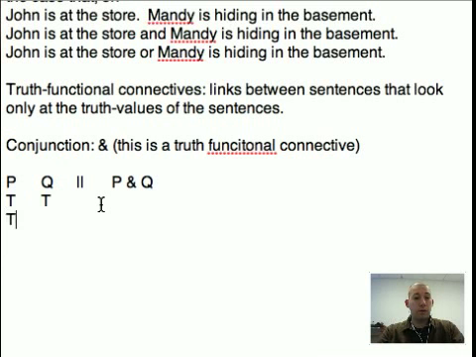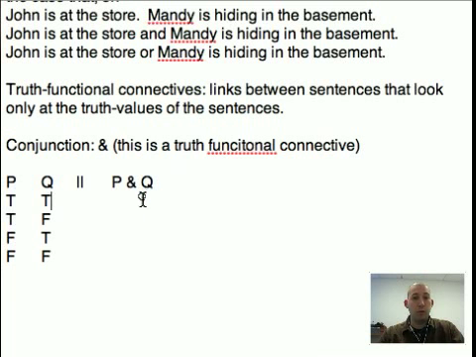But then we can also have a scenario where P is true and Q is false. We can also have a scenario where P is false and Q is true. And lastly, we can have a scenario where P is false and Q is false. So these four possibilities exhaust all the possible combinations of the sentences being true or false, combined with one another.